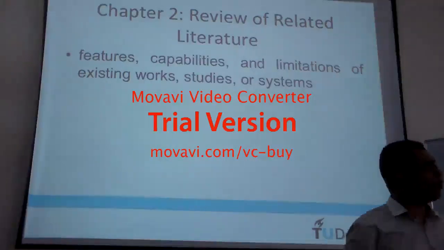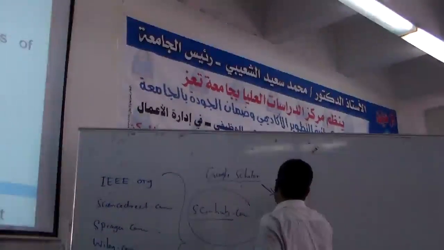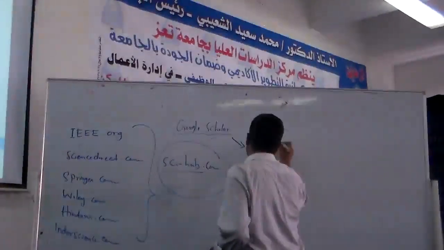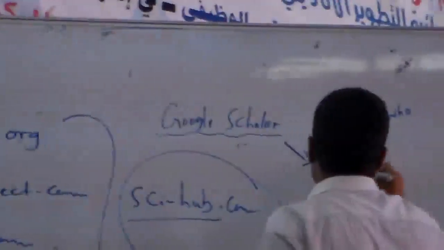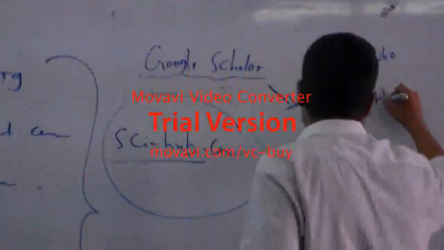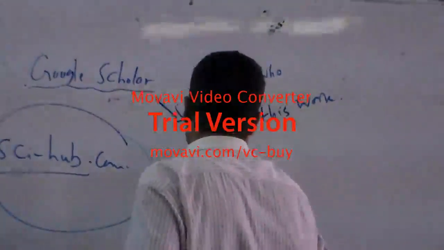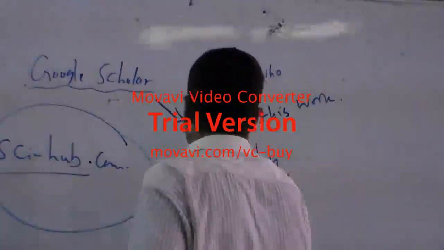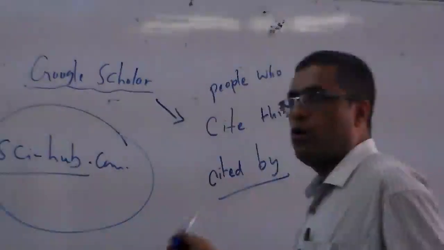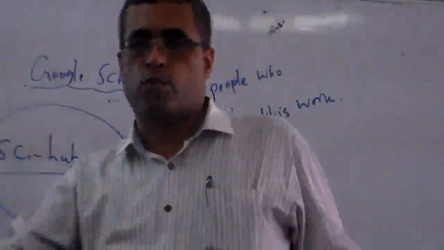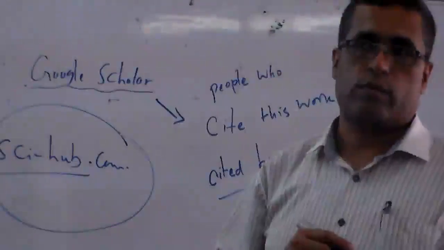And what did they say about this paper? When you go to Google Scholar, you can find the people who cite this work. You will find it under "Cited by", to know who the people are who cite this work and what they say about it.